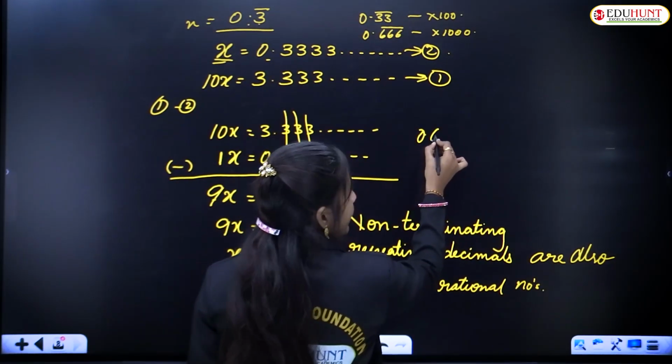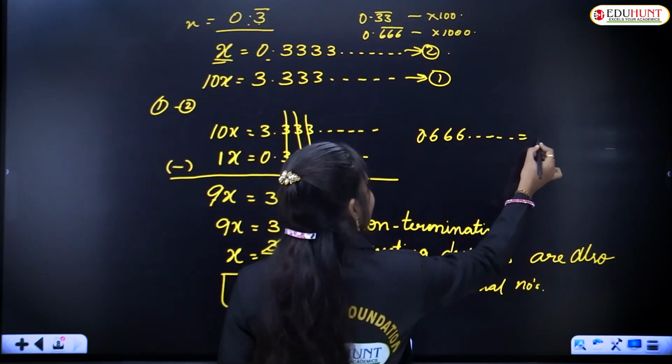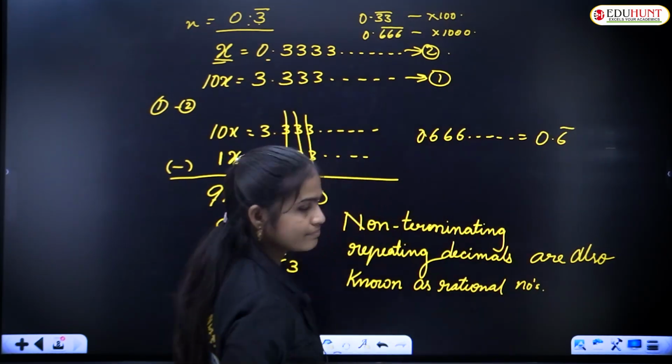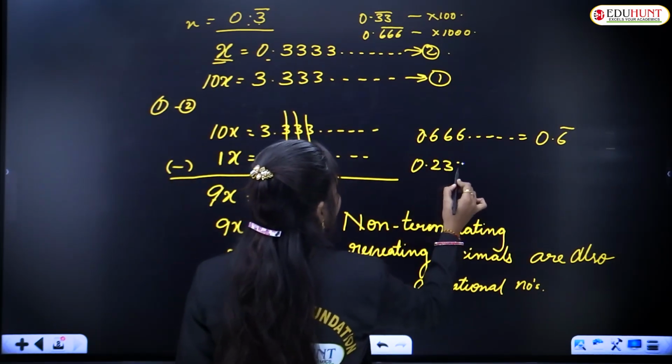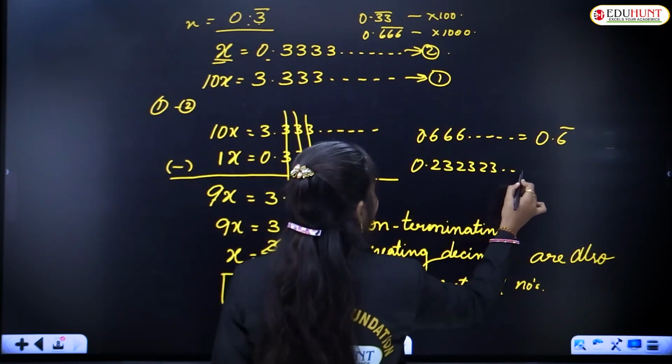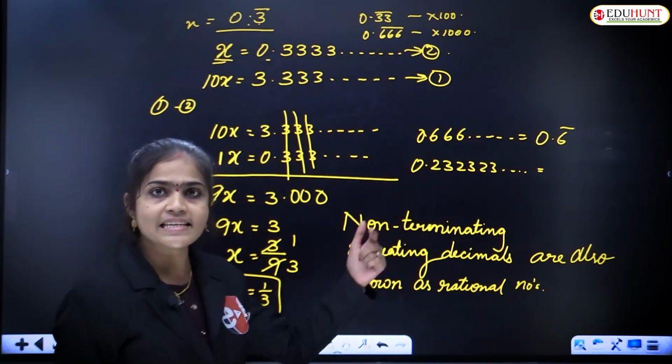So 0.666 and so on, we can write it as 0.6 bar. Clear? For example, 0.232323 and so on. Now which number is in repetition? Yes, 23 is in repetition.